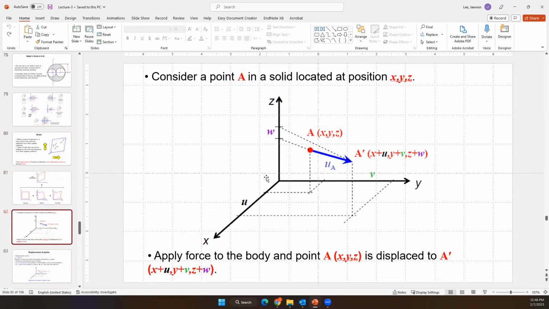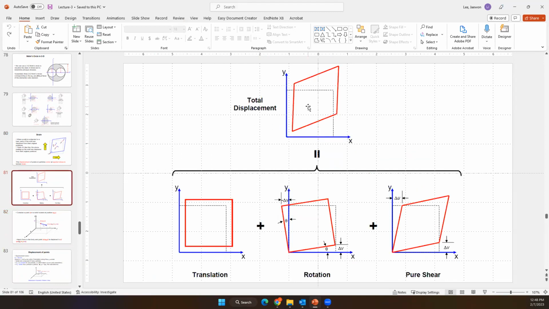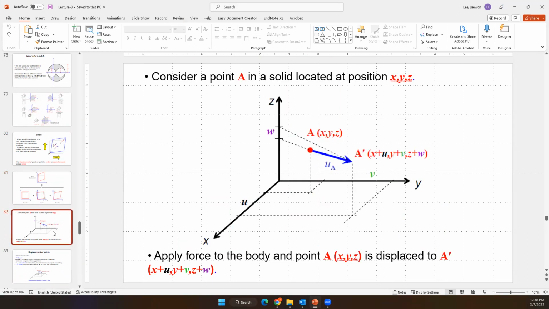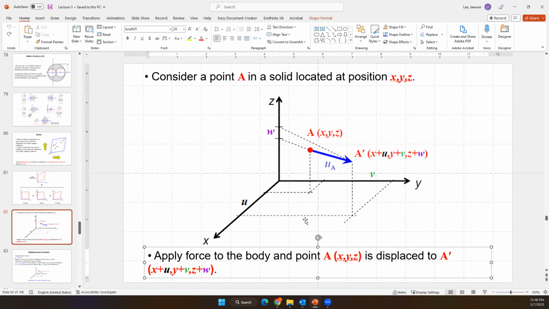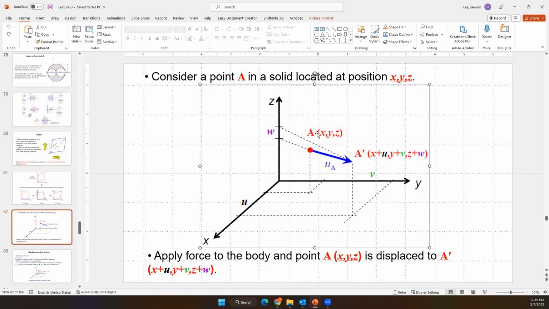If we assume the material has a lot of particles, and each particle has its own position vector, this is A, and if we apply the force, A moves to A prime.